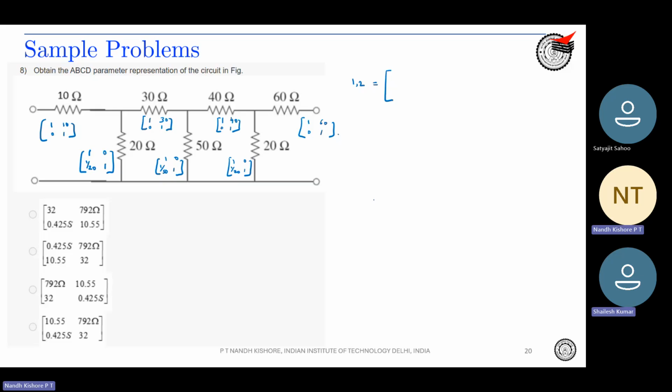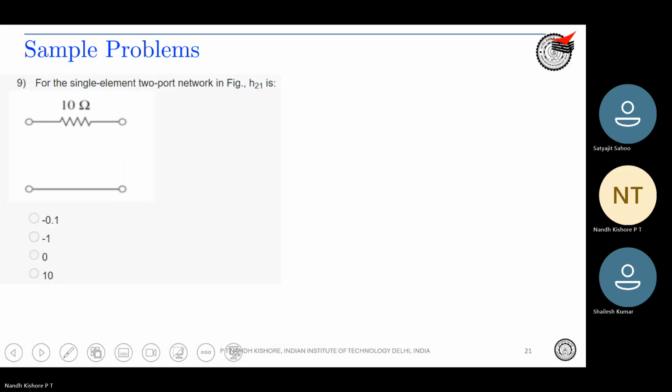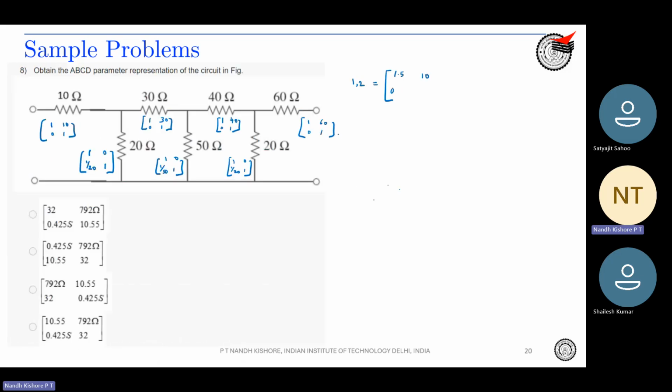Sorry, I was just searching for my calculator, no worries. So 1 plus 10 by 20, and 1, and then this is 10, and this is going to be 1 by 20, 0.05, correct, and 1. So this is 1 and 2.